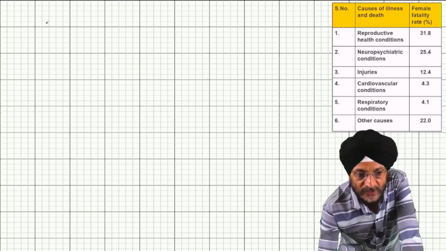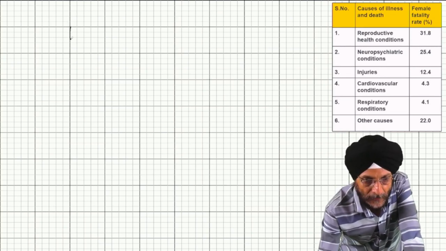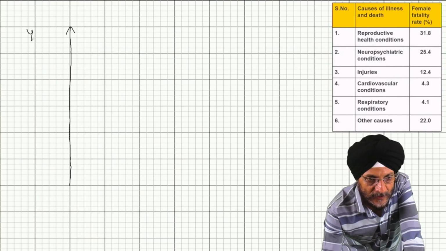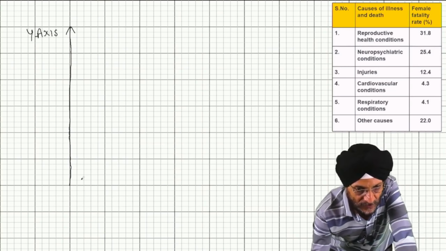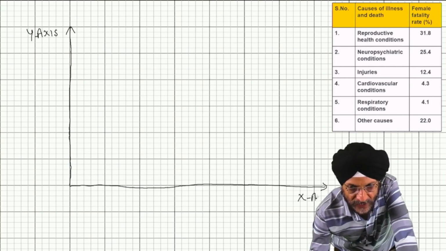So now it is the y-axis which we will draw here. This is the y-axis. This is the x-axis.